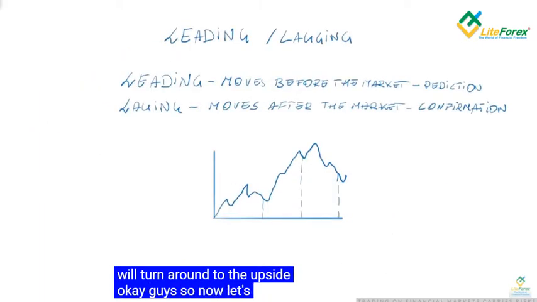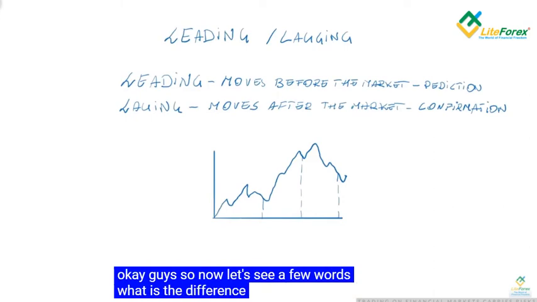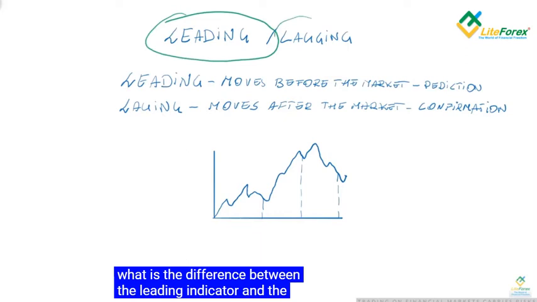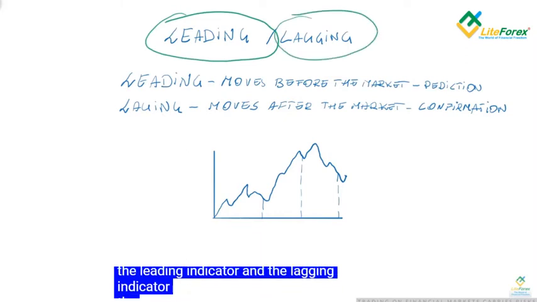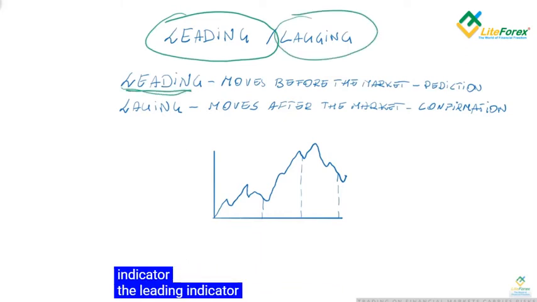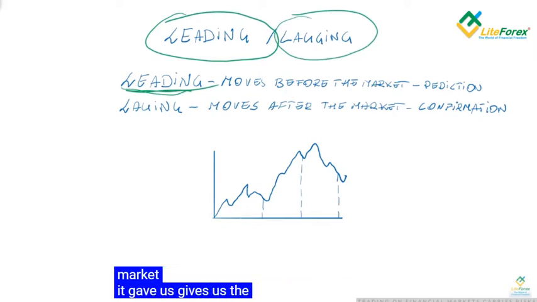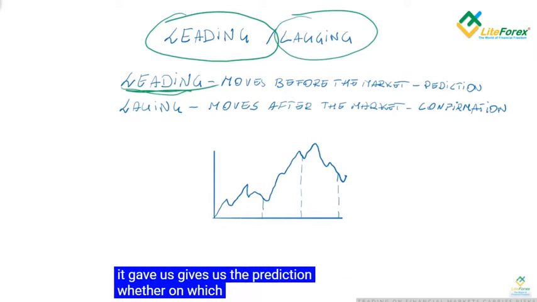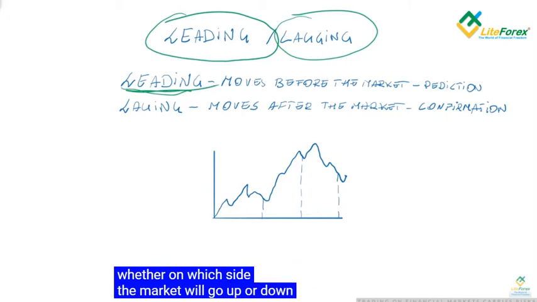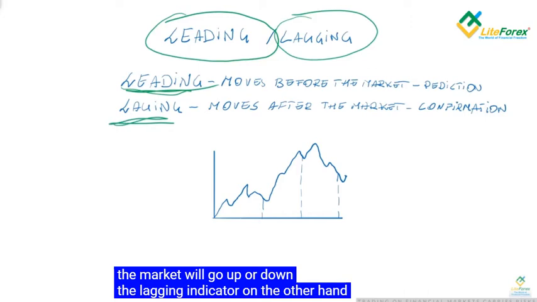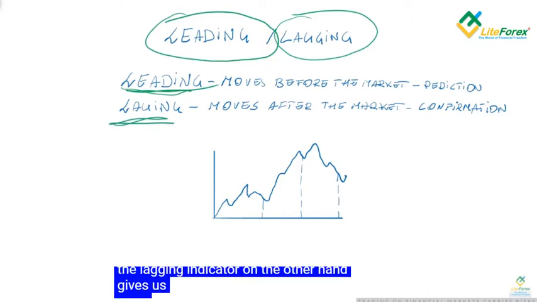Okay guys, and now let's say a few words. What is the difference between the leading indicator and the lagging indicator? The leading indicator moves before the market. It gives us the prediction on which side the market will go, up or down. The lagging indicator, on the other hand, gives us more of a confirmation.